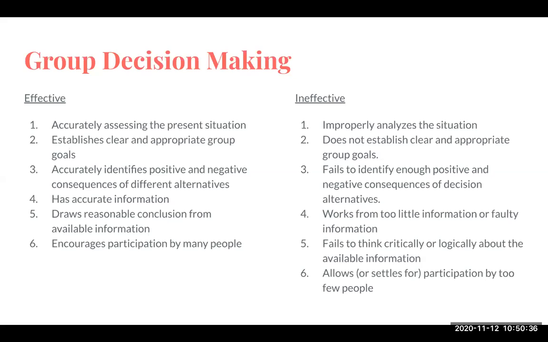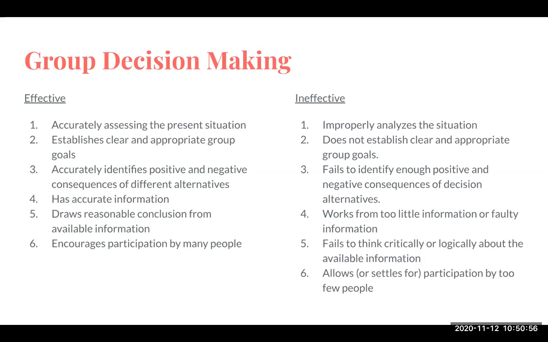It can have accurate information, draw reasonable conclusions from available information, and can encourage participation by many people. Of course, these are not always given in any group decision-making context, but these are the possibilities. This is what could happen.